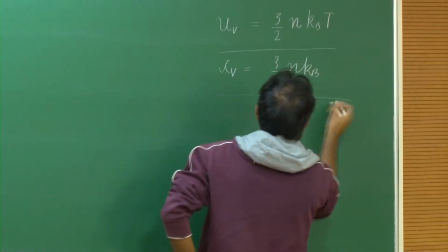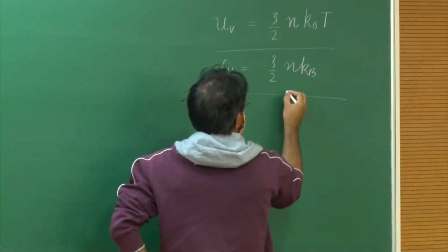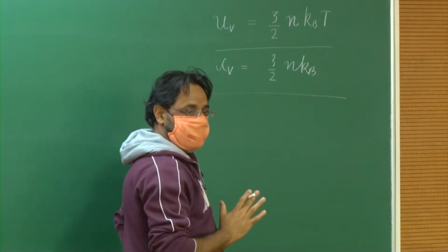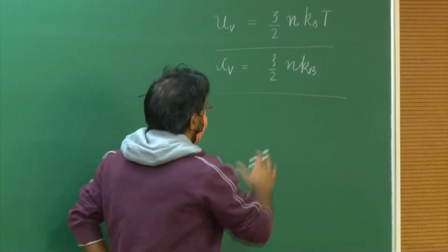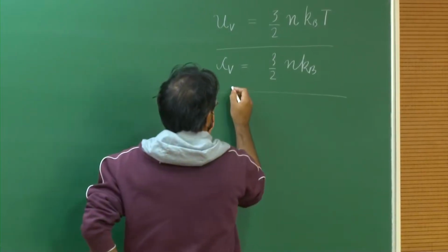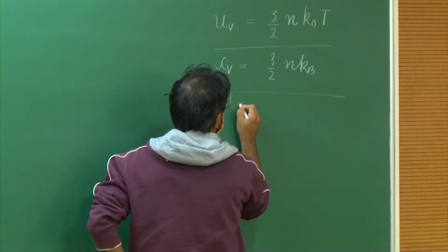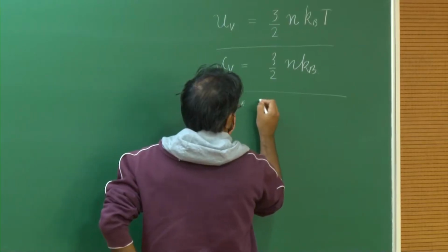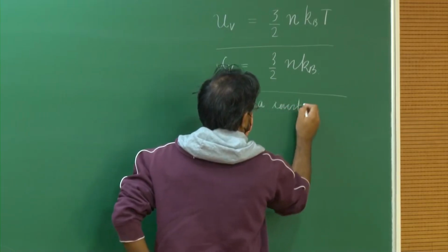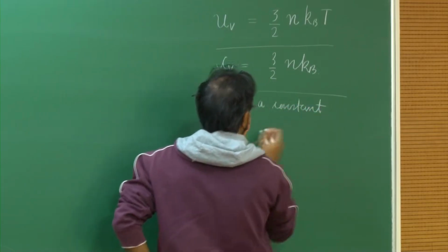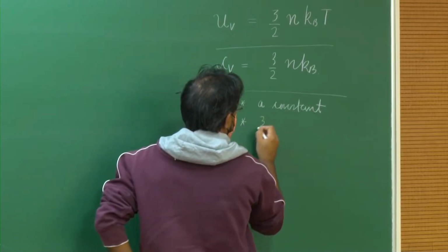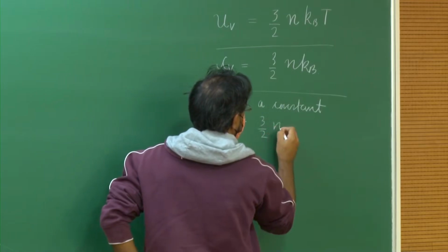Just to point out that according to this result, the specific heat of an electron gas should be temperature independent and should be 3/2 n kB for all temperatures, right? So, there are two points that emerge from here. One is that it is a constant with respect to temperature, and the second point that emerged is that its value is 3/2 n kB.